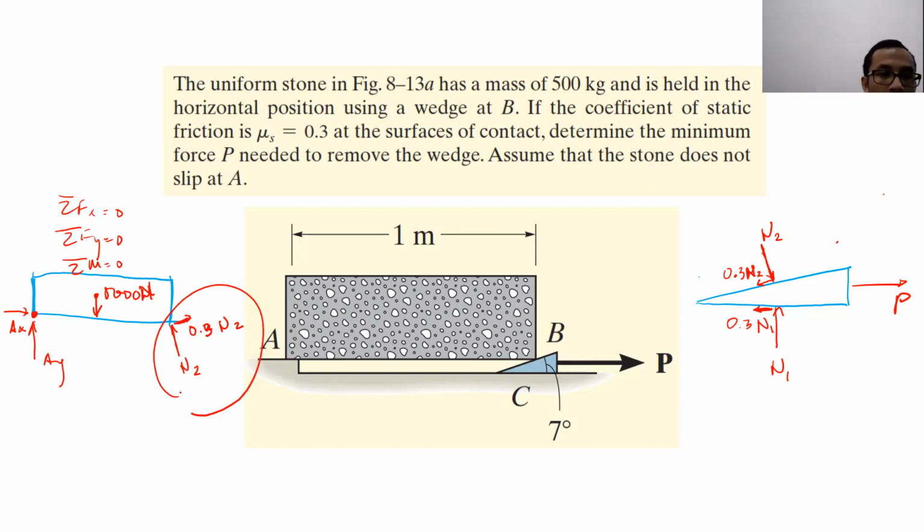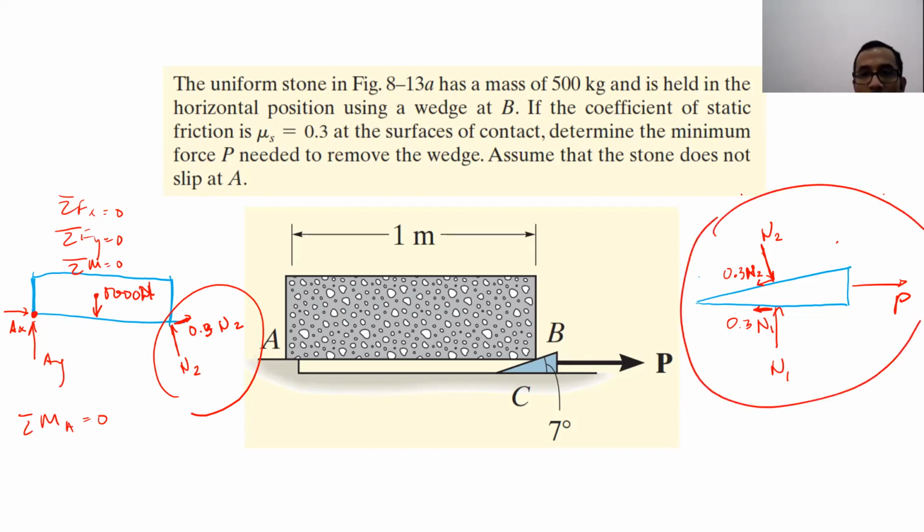So we can solve it using sigma moment at point A equal to 0. After N2 is solved, we can go to this particular free body diagram and solve for P, using sigma Fx equal to 0 and sigma Fy equal to 0.